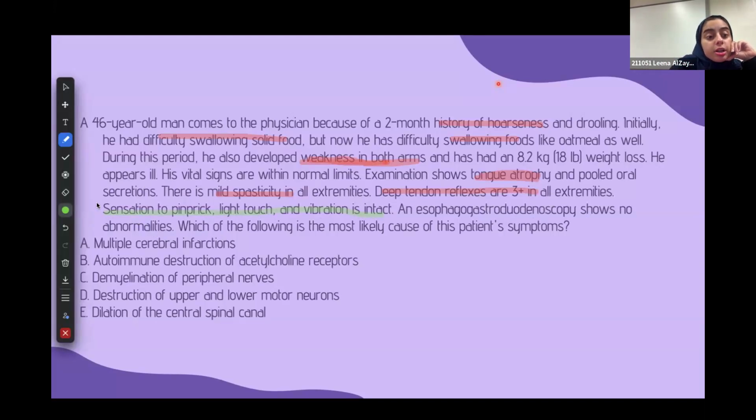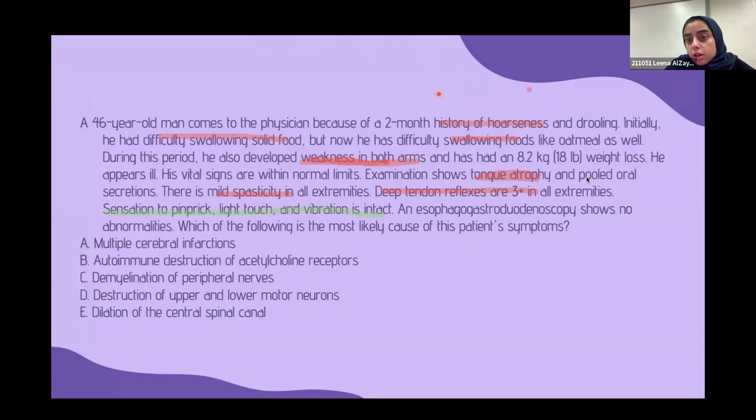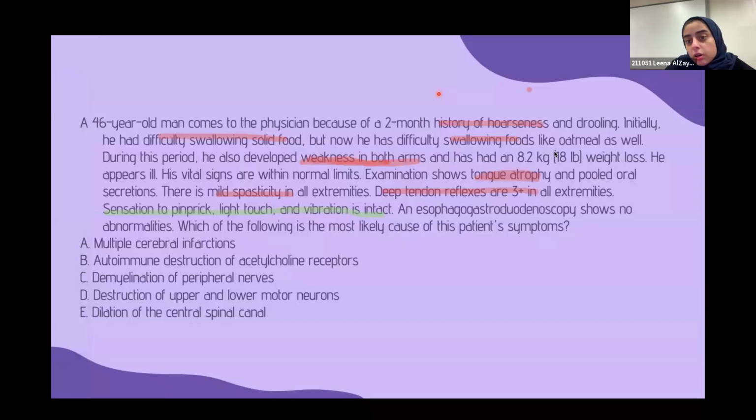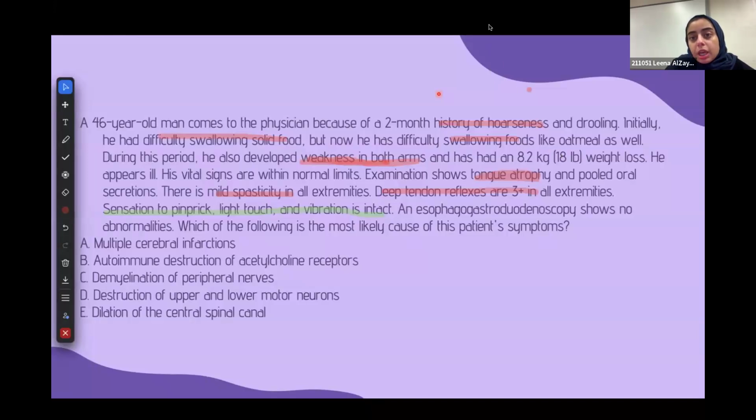What do you think the answer is? Wait, let me see. C, C, D. Okay, so we have D and then we have C. Why do you think the answer is D?